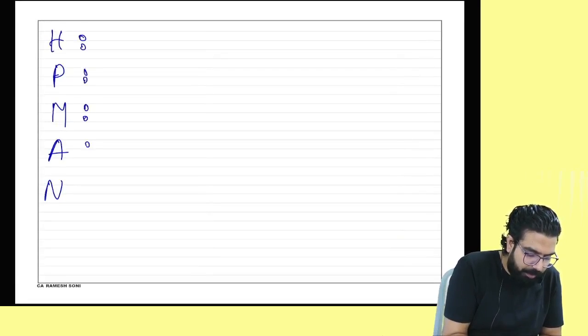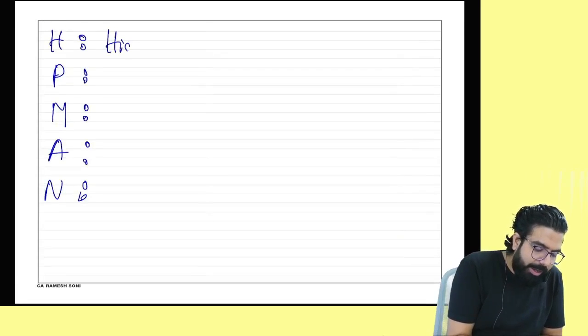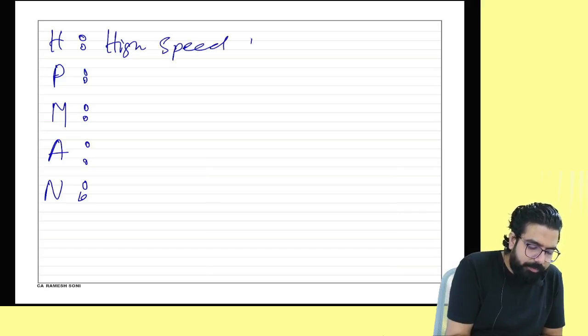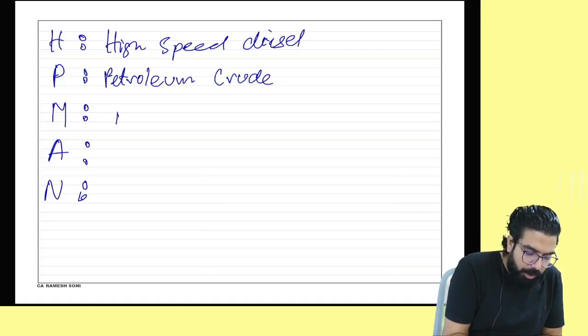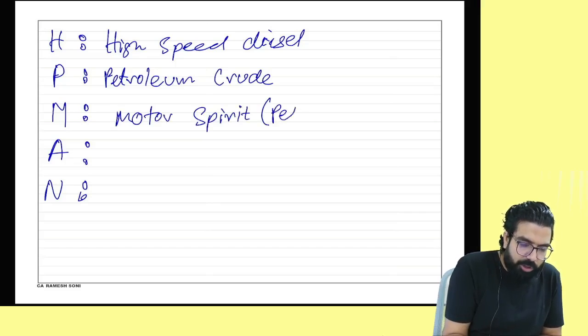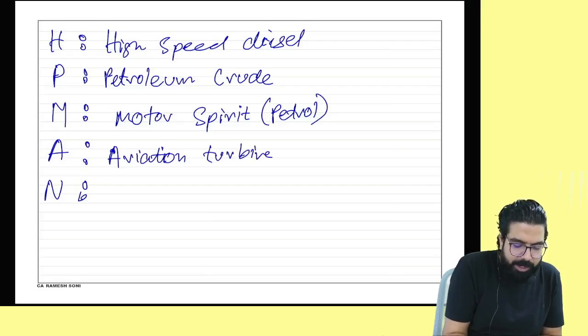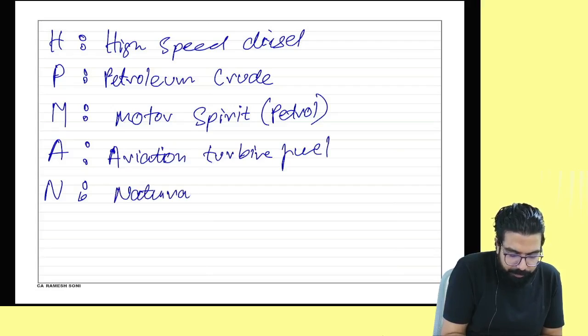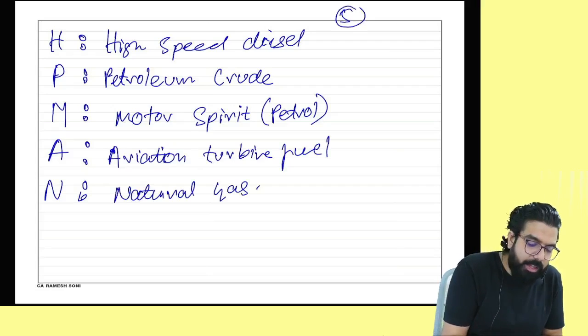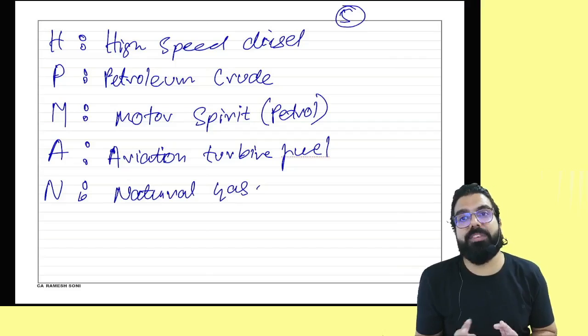High speed diesel, petroleum crude, motor spirit, which is also known as petrol, A for aviation turbine fuel, natural gas. Remember, these are the 5 petroleum products as of now which are out of GST.